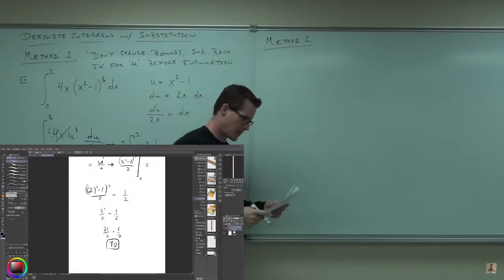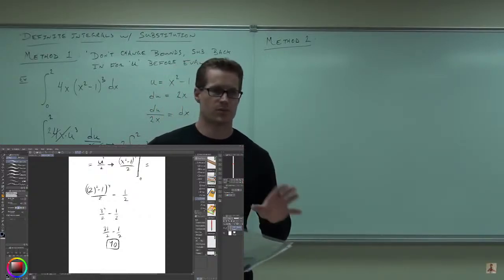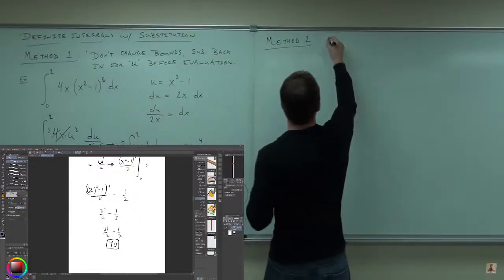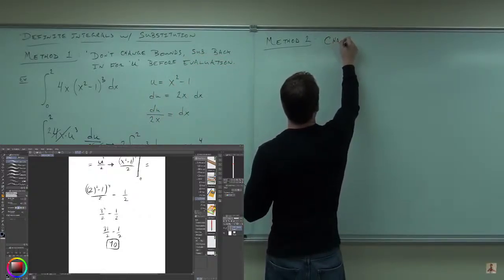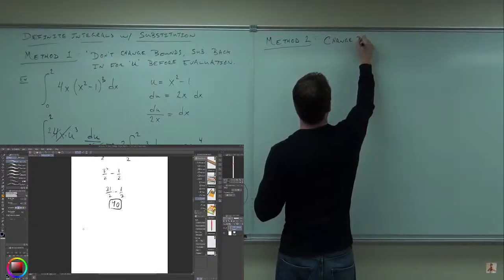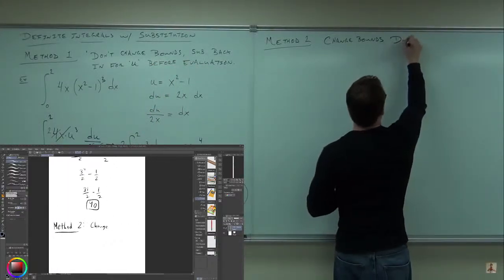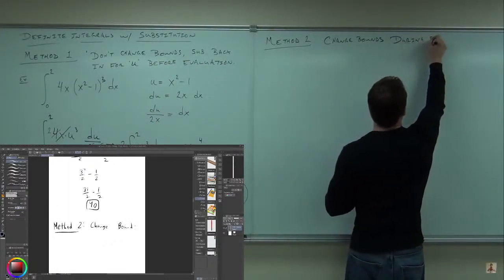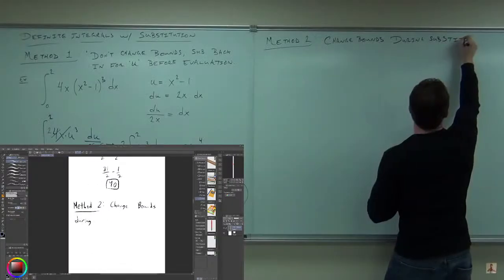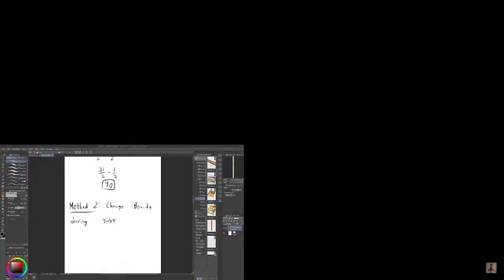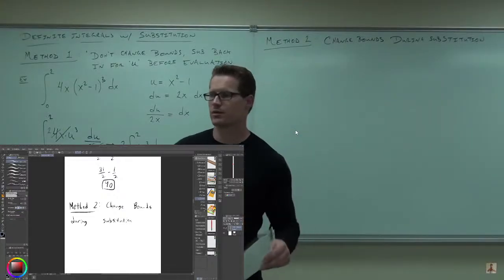Okay, method 2. Method 2 is you change bounds during your first substitution. Here's a little foreshadowing of what's going to happen.